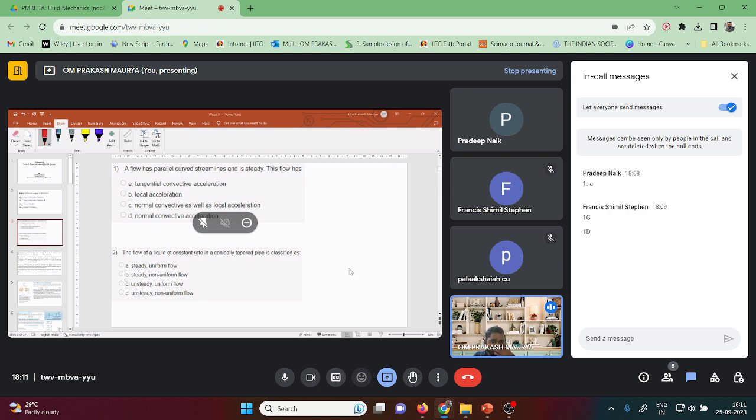Write within 1 minute. This is covered already in the acceleration part, streamline and acceleration.